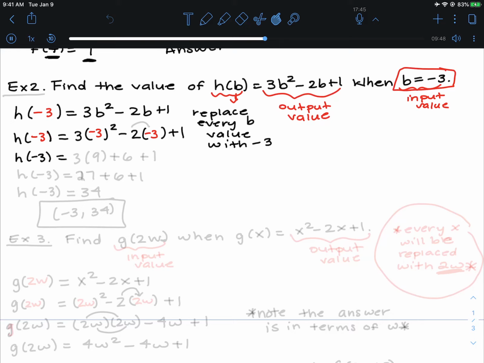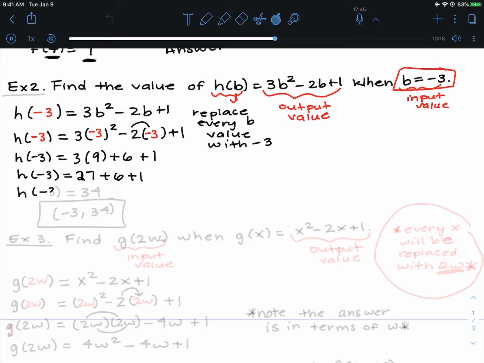So h of -3 is going to equal 3 times (-3) squared, because you have to use parentheses first. Negative 3 squared, that means a negative 3 times a negative 3, which would be a positive 9. And then negative 2 times -3 would be a positive 6, plus 1. Okay, so now we're going to go ahead and do 3 times 9. 3 times 9 is going to be 27 plus 6 plus 1.